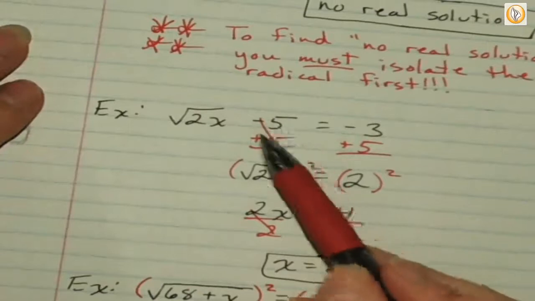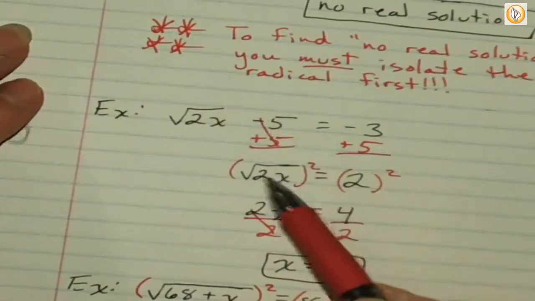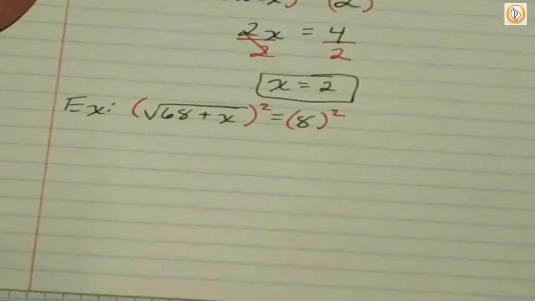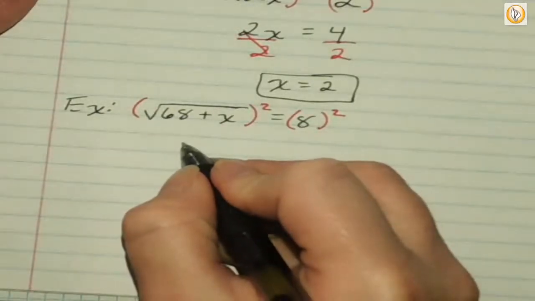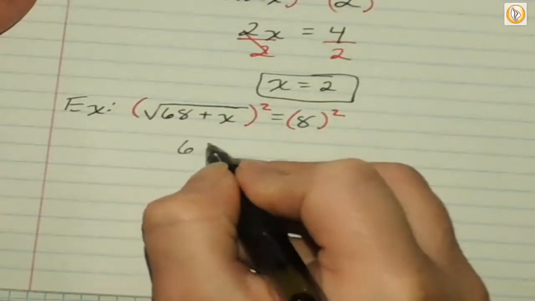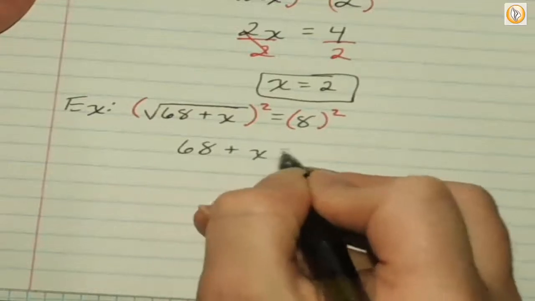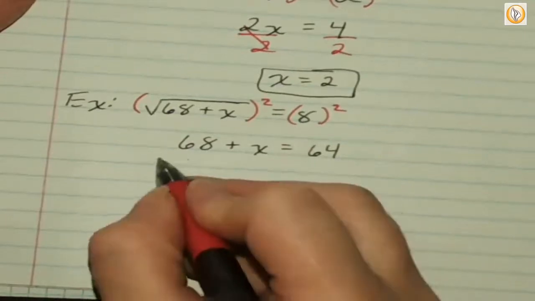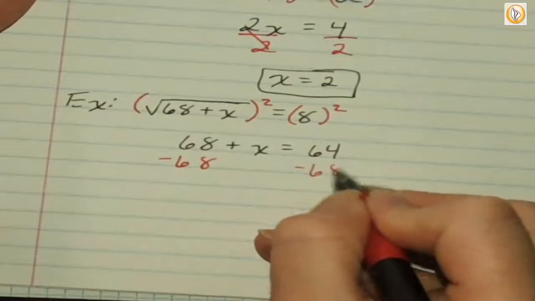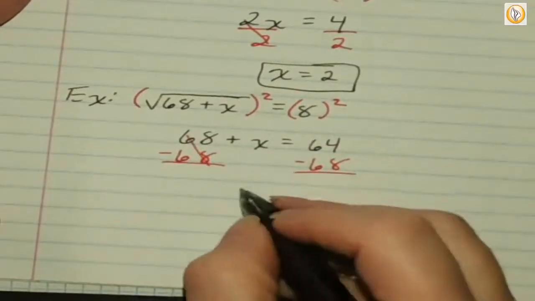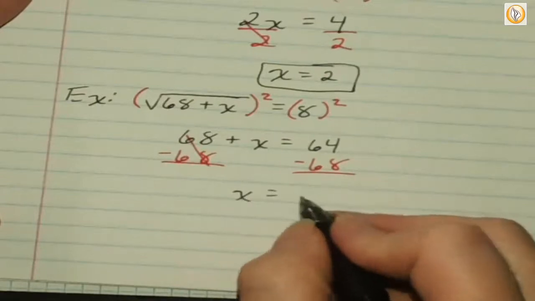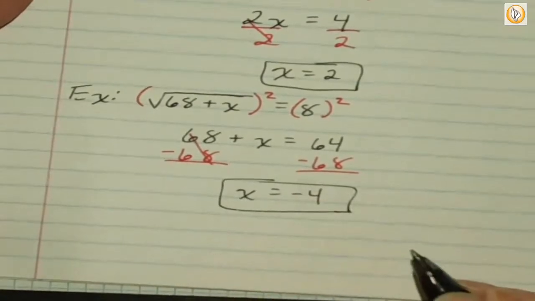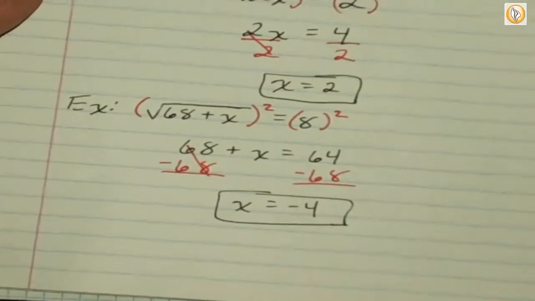Up here, first you had to move the 5 over to isolate the radical, but this one's already isolated, so you square both sides. What do you get? 68 plus x equals 64. Now subtract 68 from both sides, which gets you x equals negative 4. And you can't have a negative? That's okay.